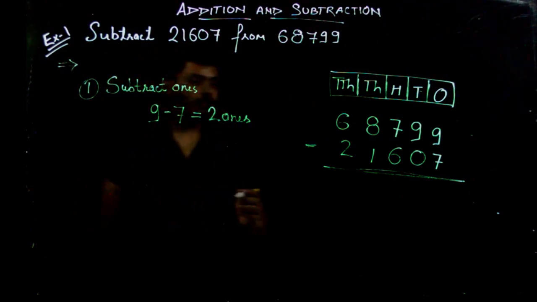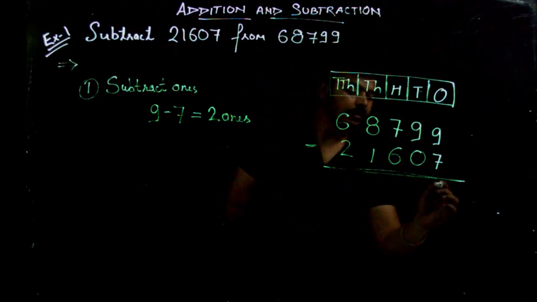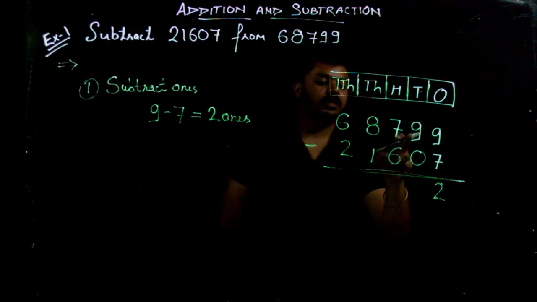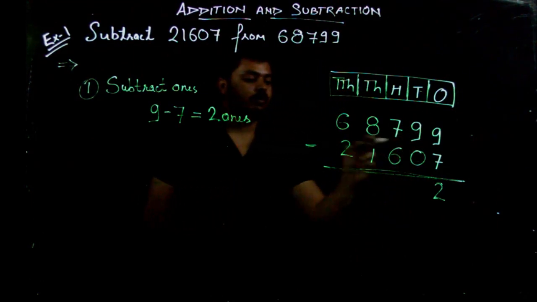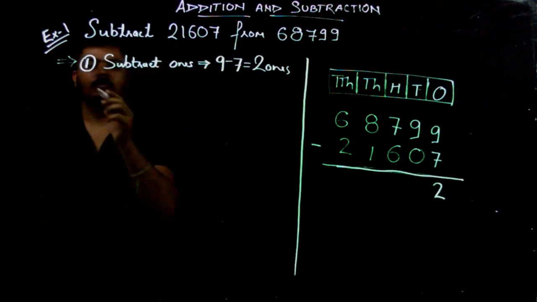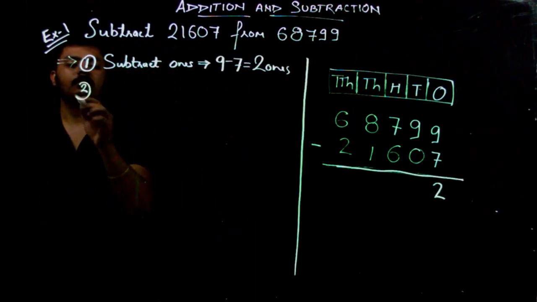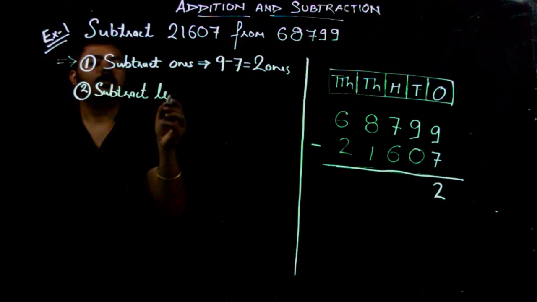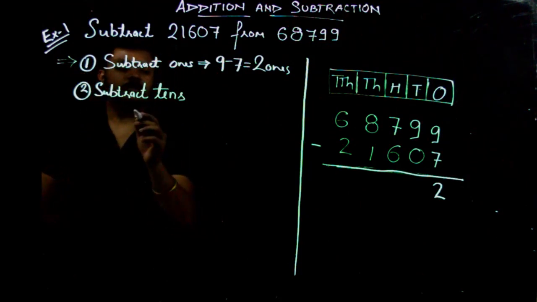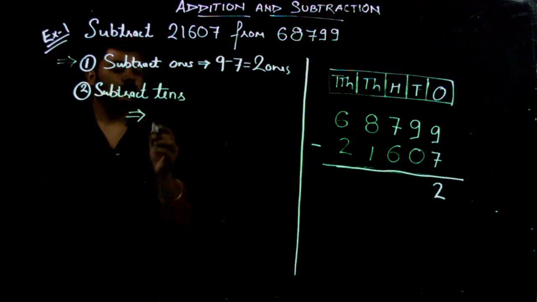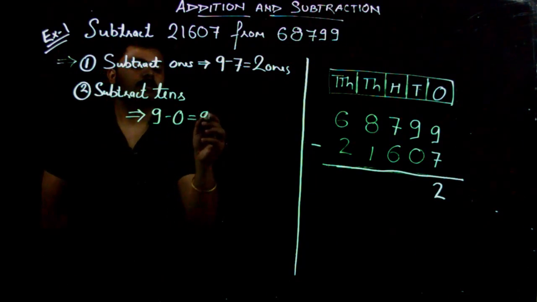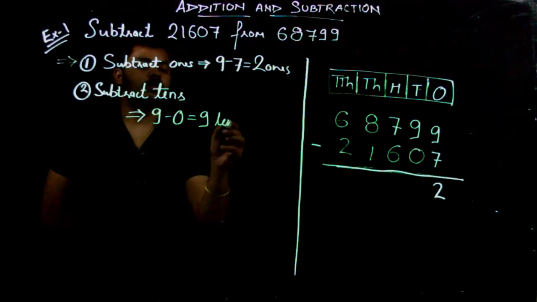Similarly, we will write here 2. Now we have to subtract the digits in the tens column, that is 9 minus 0. Step 2, subtract tens: 9 minus 0 equals 9 tens.